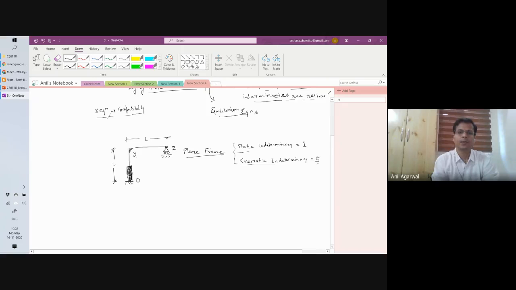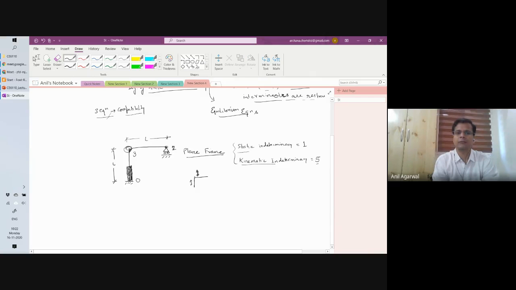Agree? So at this location, for example, your member was changing its direction. So what would happen is that your vertical movement will translate as a shear movement for this one. The axial movement of this frame member will translate as the shear or lateral movement of this member.